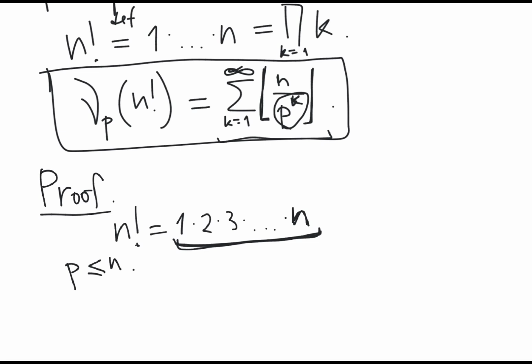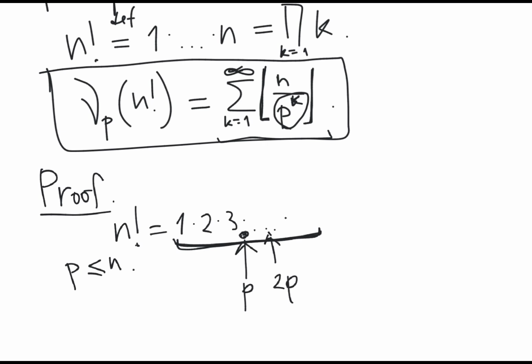So somewhere here we have p. This number p contributes one power by which n factorial is divisible. Then the number 2p, if it is still less than n, also contributes, and so on.